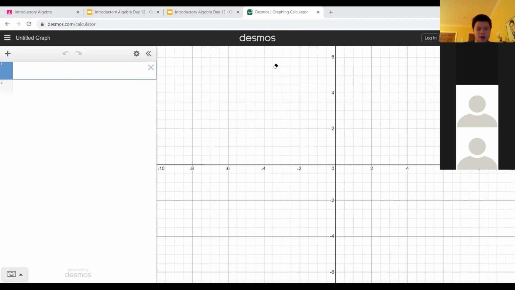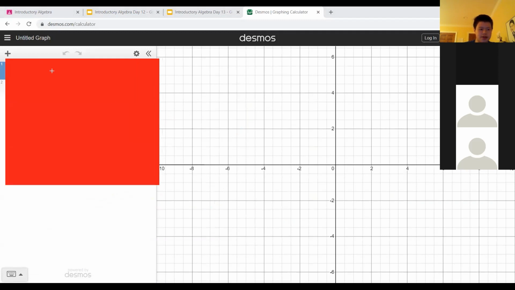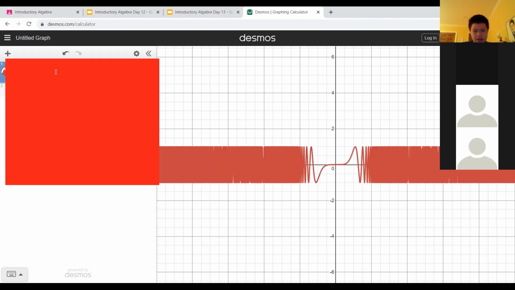Let me draw a box of whatever's here so you can see what I'm drawing or writing. So I'll draw a function. Also, the function itself doesn't matter. It's about the changes in functions.